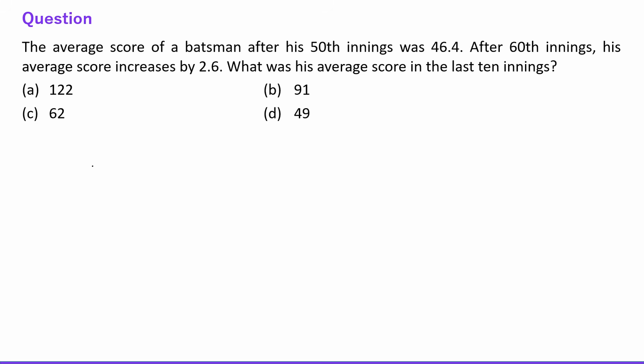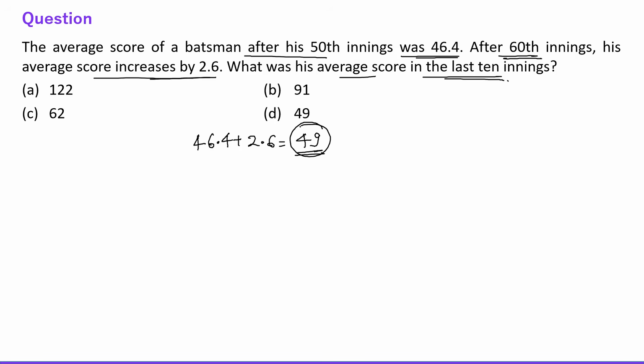Next question says the average score of a batsman after his 50th innings was 46.4. After 60th innings, his average score increases by 2.6. What was his average score in the last 10 innings? So 46.4 plus 2.6. This is 49.